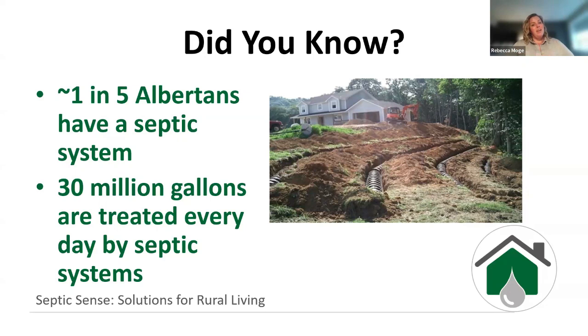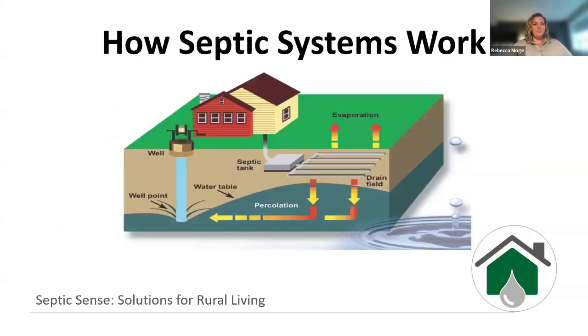That's a lot of effluent that's treated every day that we're relying on the soil to treat appropriately. Not everybody is connected to big pipe or municipal systems where you can flush it and forget it. When it's on your property, you need to flush it and continue to deal with it. So it is important to understand how systems work, and it's actually quite a large population in Alberta relying on on-site systems.